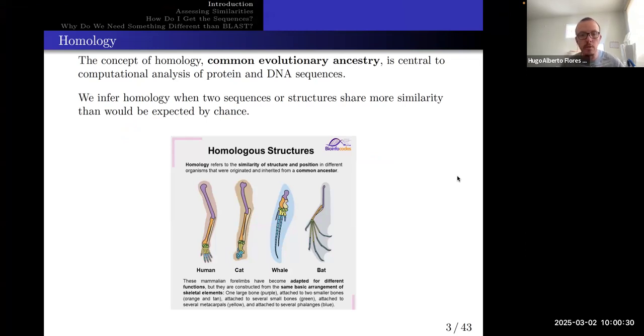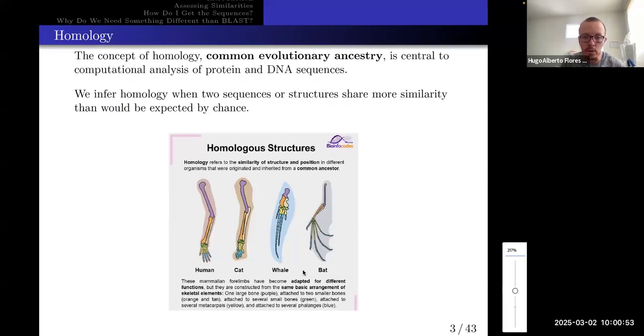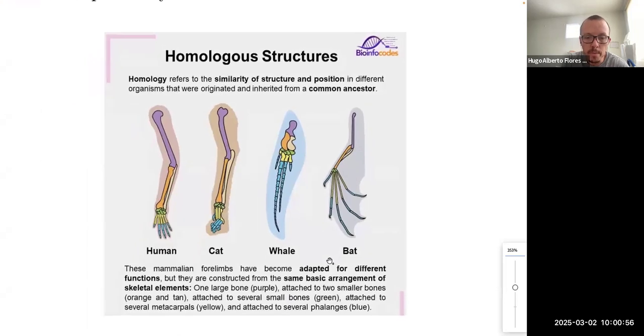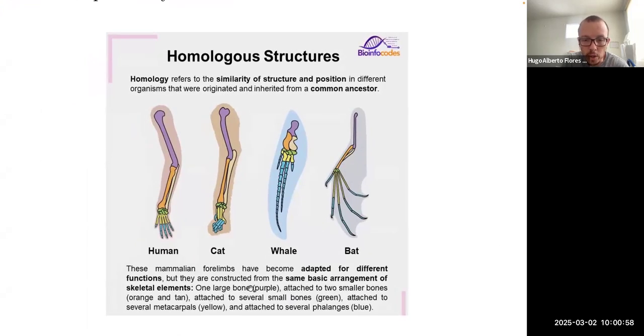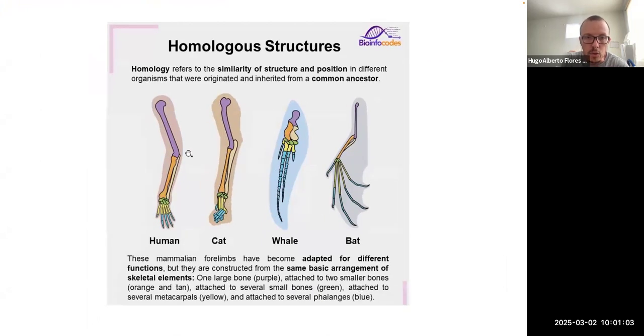The motivation is behind what we know as structural biology. In structural biology, you can understand these organisms that share some similarity in the structure or the positions. In this case, you can see that they are comparing human, cat, whale, and a bat. And you can see a similar structure here. The idea behind the similarity is illustrated using some colors. For instance, you have one large bone that is purple, and there are other modifications.